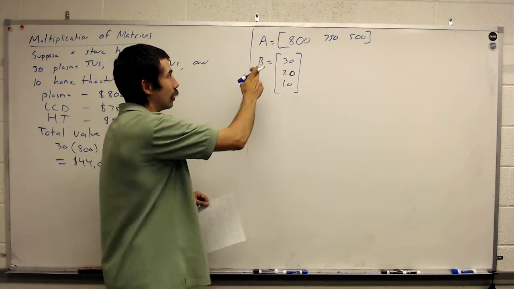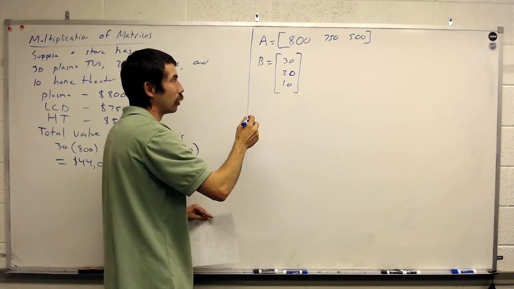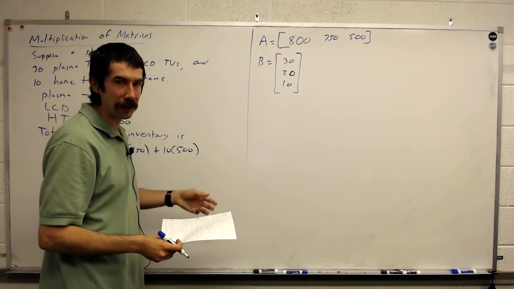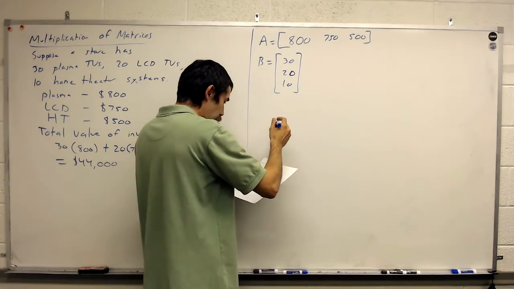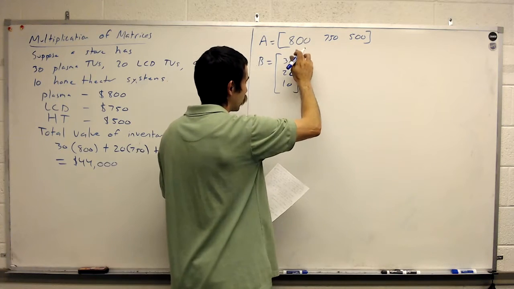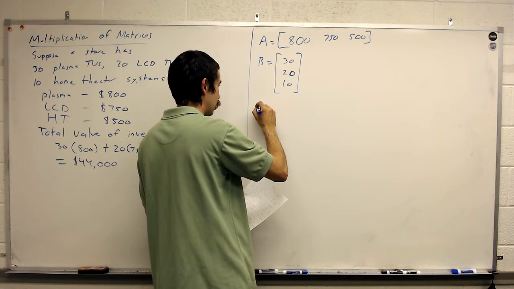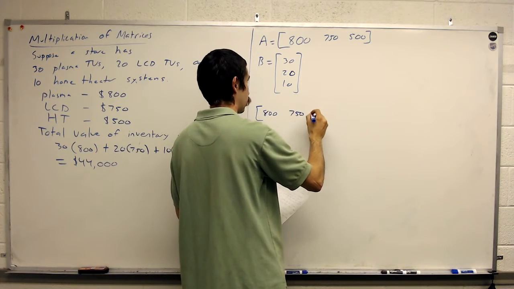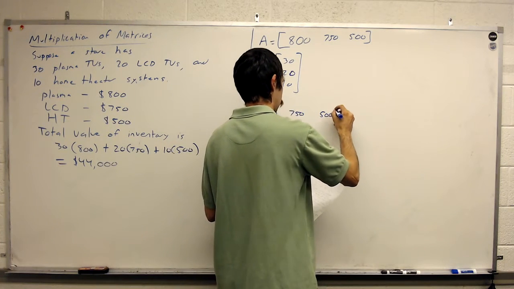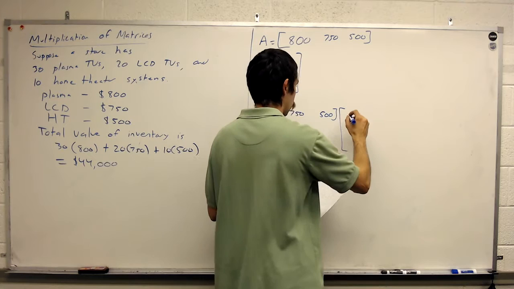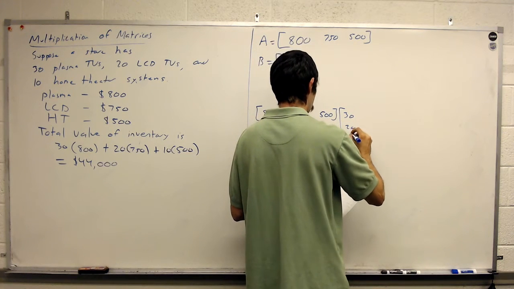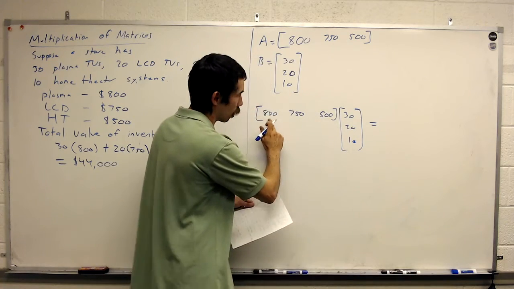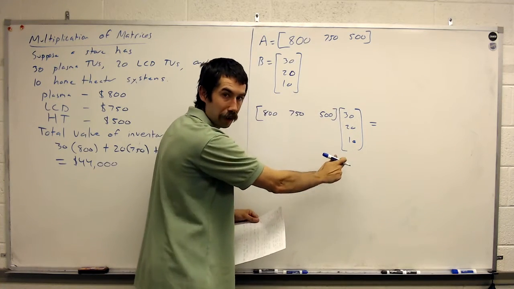But so to find the total value of the inventory, what we're going to do is write our row matrix next to our column matrix. And we're going to go across the row and down the column.